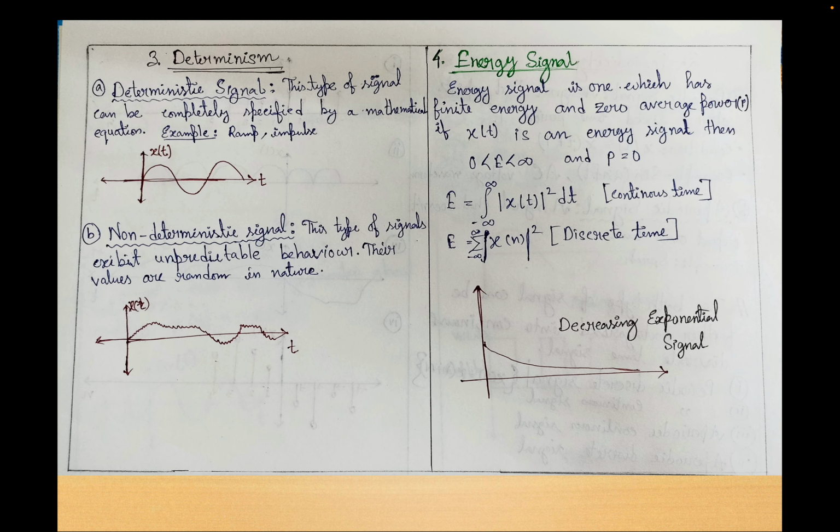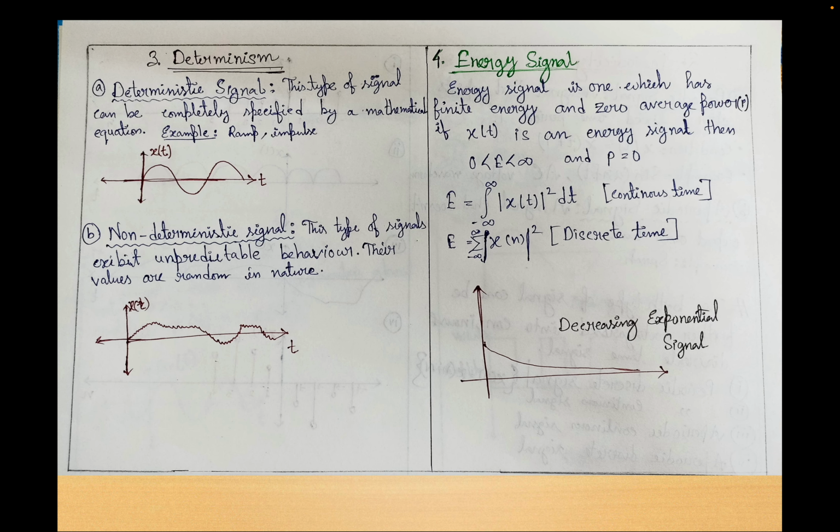Now, energy signal. An energy signal is one which has finite energy and zero average power. If x(t) is an energy signal, then E is greater than 0 and less than infinity, and P equals 0.